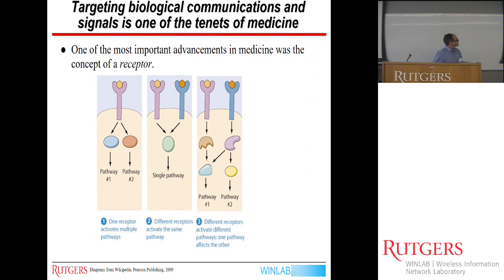As we look at this receptor and how it leads to different pathways being actuated, there are many different ways it could happen. One receptor could activate two separate pathways inside of a cell, or two separate receptors together might be needed, sort of as a combination logic, an AND, in order to initiate a pathway, or bizarre complex versions of these.